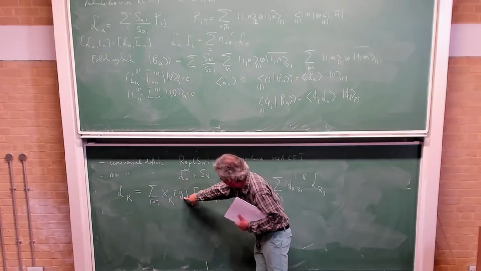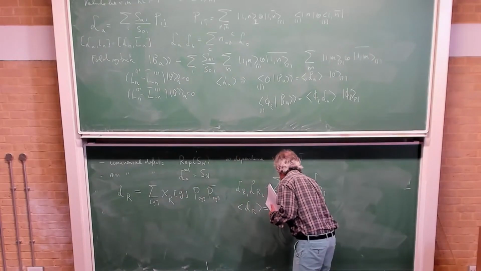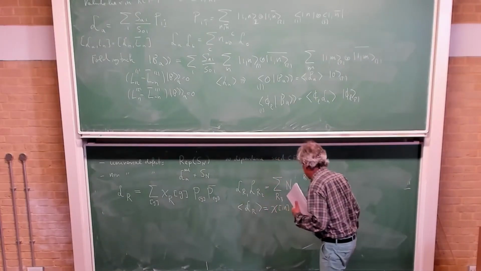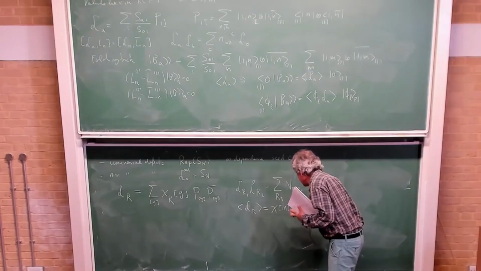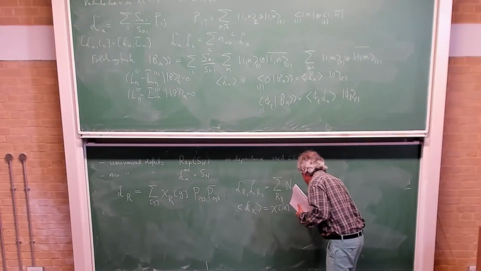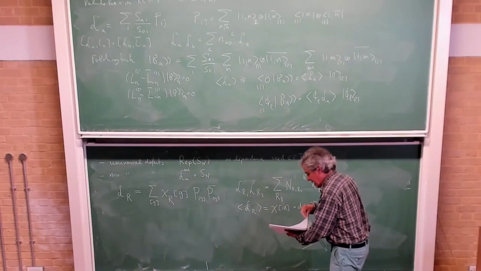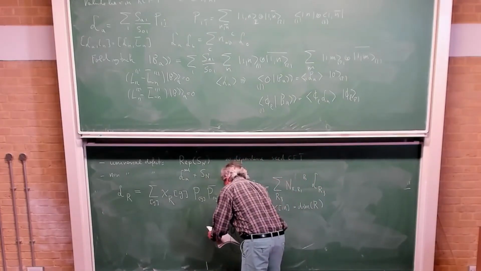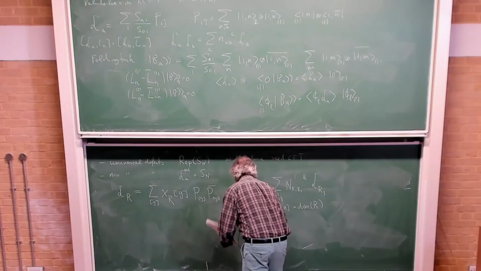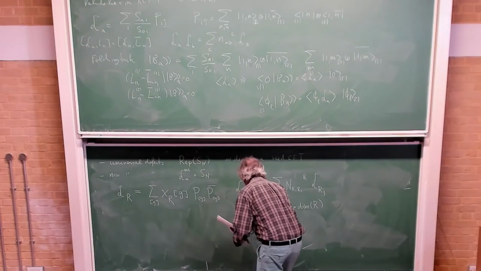sector. So we evaluate the character at the identity, which is the identity conjugacy class. So this is just the dimension of the representation. And again, it's not the greatest notation.